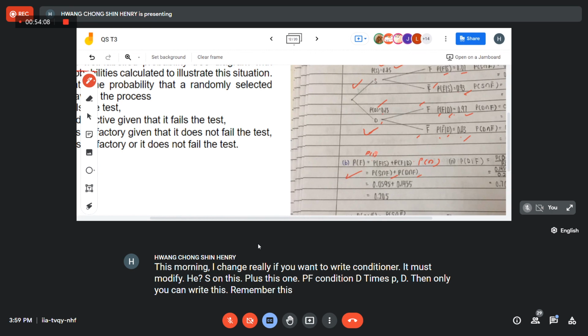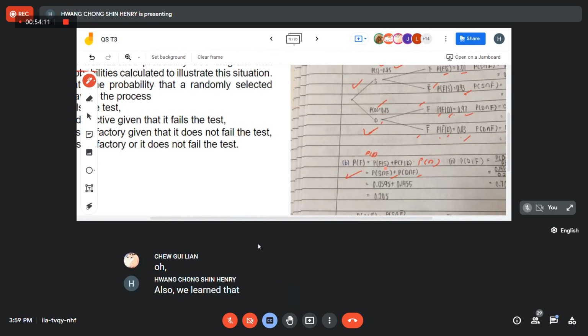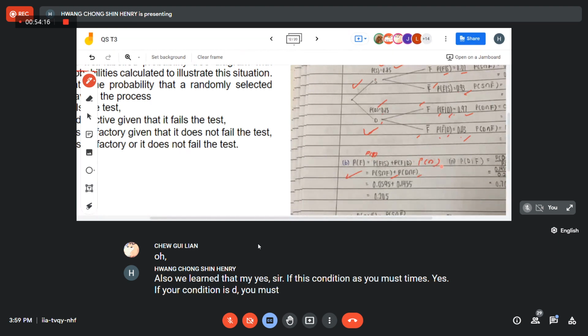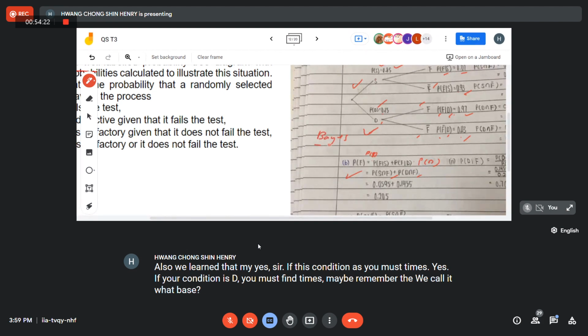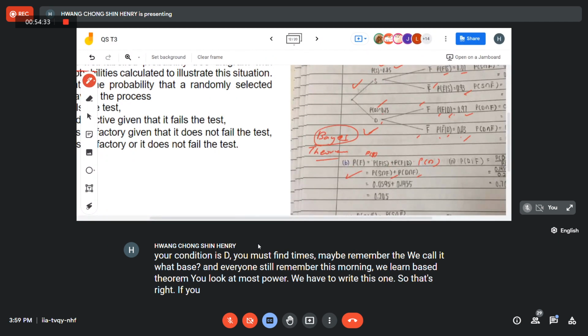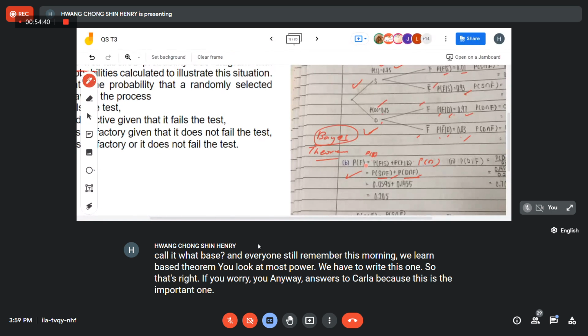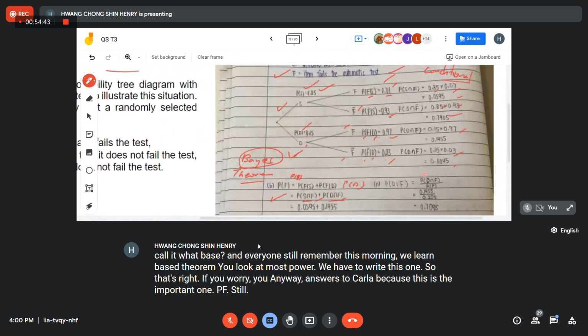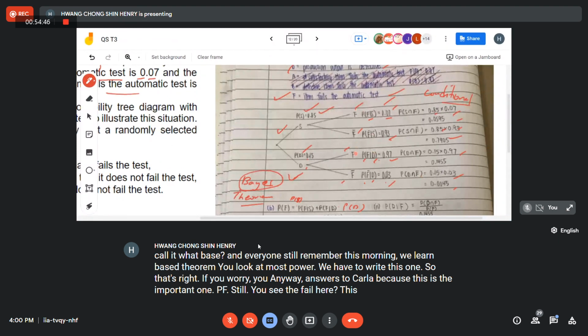Remember this morning or last week we also learned that if the condition is S, you must multiply by P(S). If your condition is D, you must multiply by P(D). Remember we call it what? Bayes. Everyone still remember this morning we learned Bayes theorem? You look at your notes now, you have to write this one. So if you worry you write wrongly, anyway, your answer is still correct because this is the important one. P(F), fail. You see the fail here? This one fail and this one fail, right?